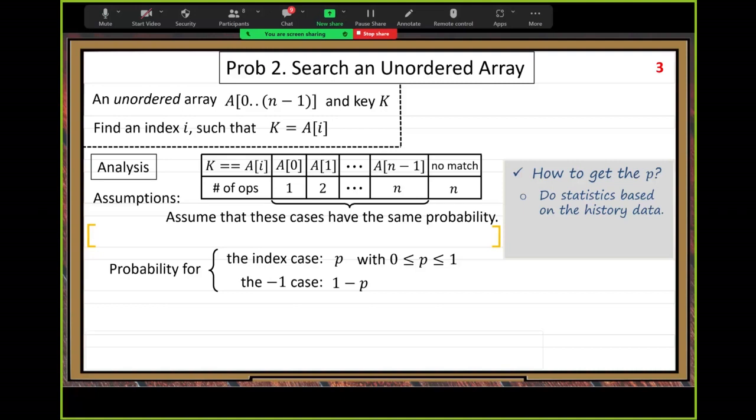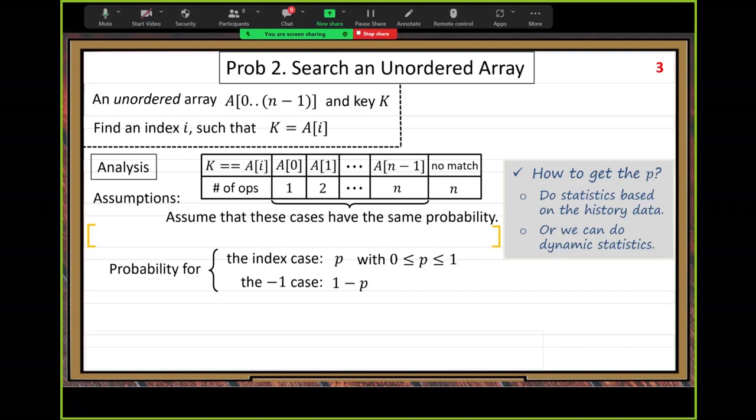In that situation, we can use dynamic statistics, on the fly, because the elements come in dynamically.